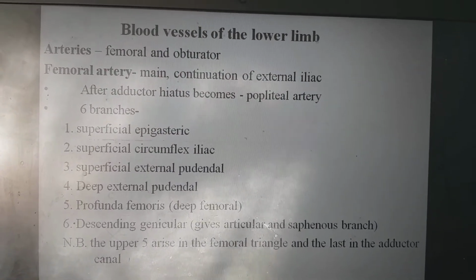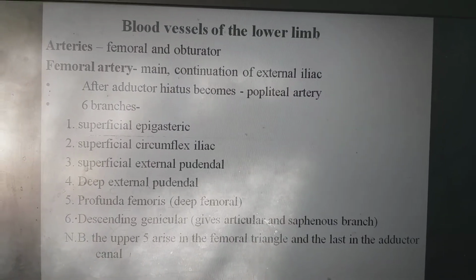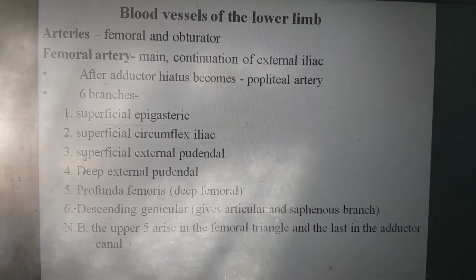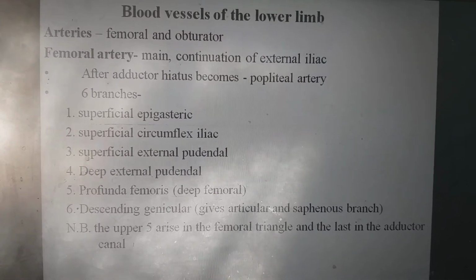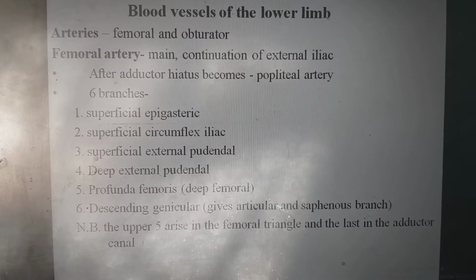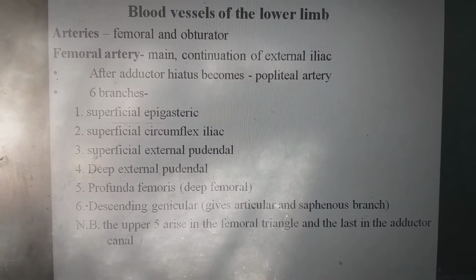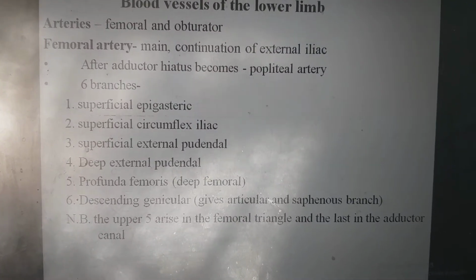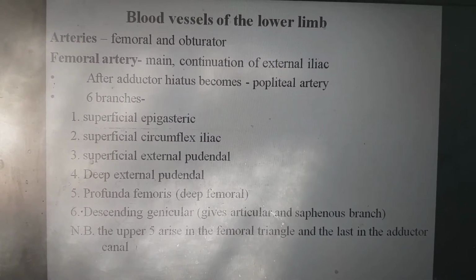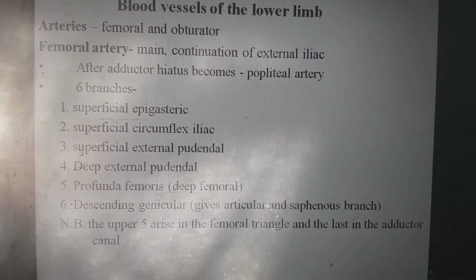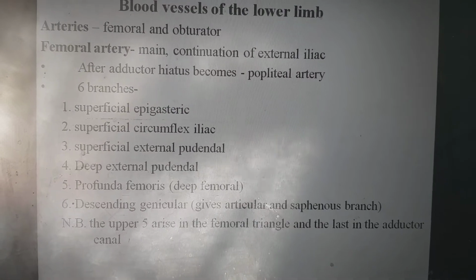It bifurcates into two. On the right side, the right common iliac artery. On the left side, the left common iliac artery. Then each goes down and divides into two again: internal and external iliac artery. The internal iliac artery goes to the pelvis and the perineum. But the external iliac artery goes to the lower limb. Good. What is the demarcation between the abdomen and the lower limb?